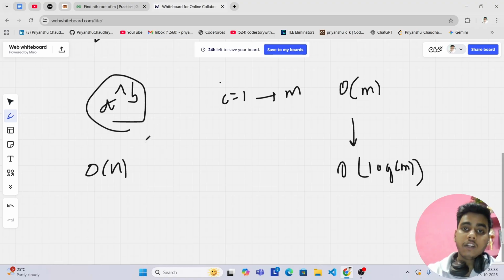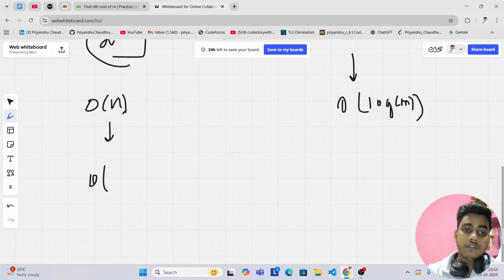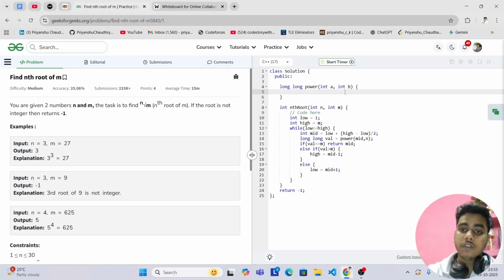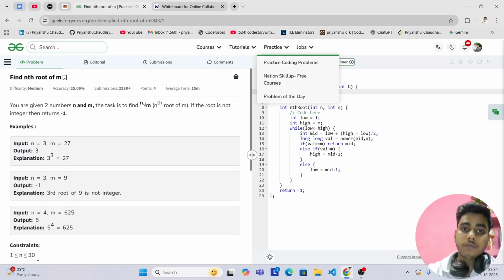It finds a raised to the power b in big O of log b time. All right. So I will just write the binary exponentiation code.